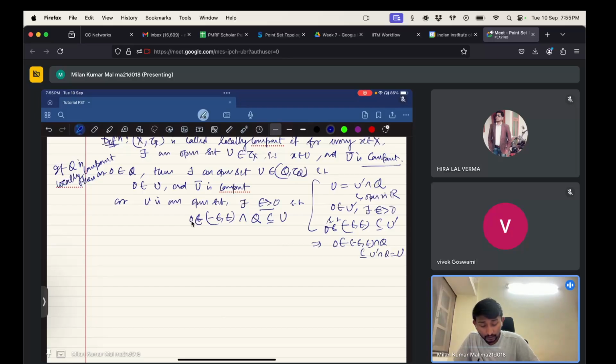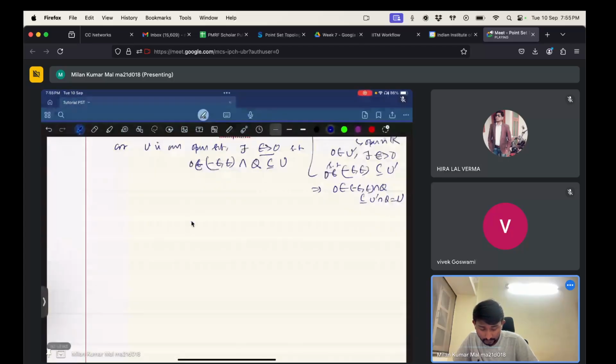Take an irrational number R between 0 and epsilon. That means R is not in (minus epsilon, epsilon) intersection Q. R is not here because R is irrational, right?